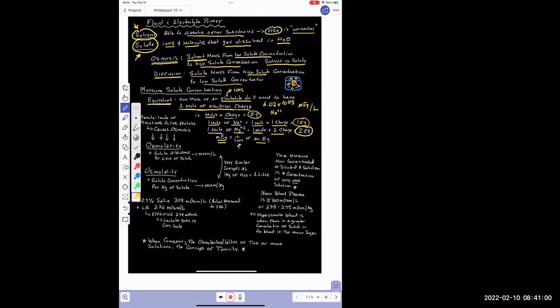an osmole. An osmole is where I have 1 mole of osmotically active particles. What does that mean? Whenever we say something is osmotically active, what we're saying is that it causes osmosis. So if something is osmotically active, it acts as an effective solute in that it pulls water toward it.